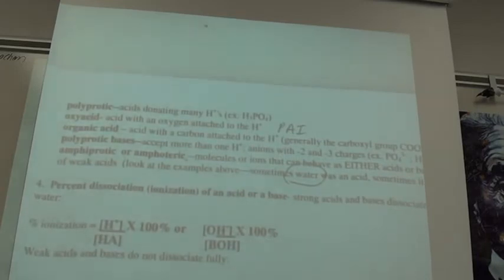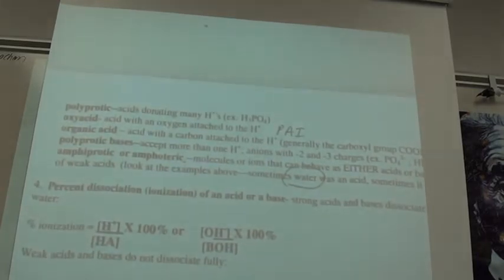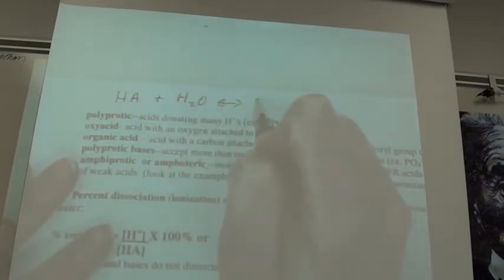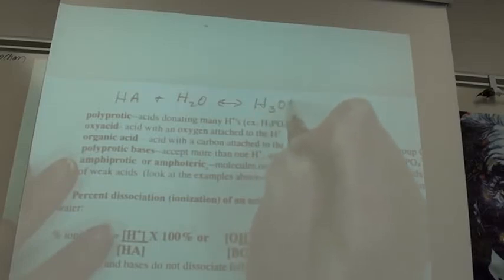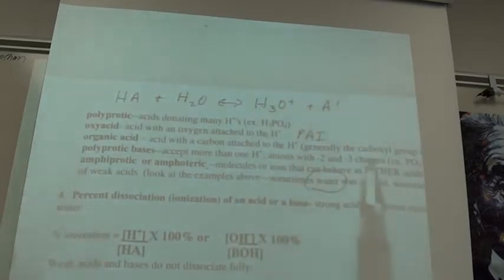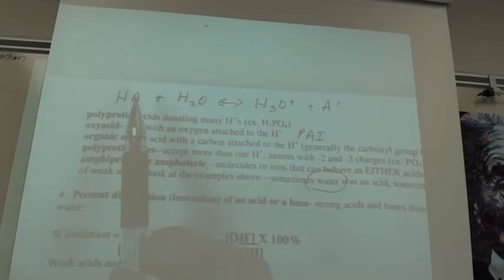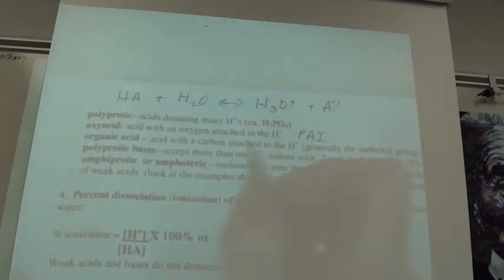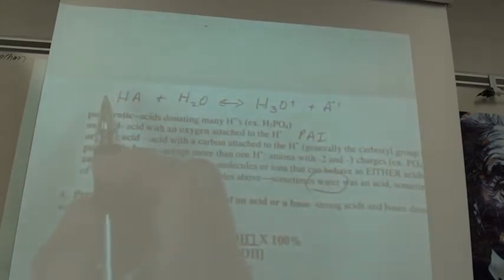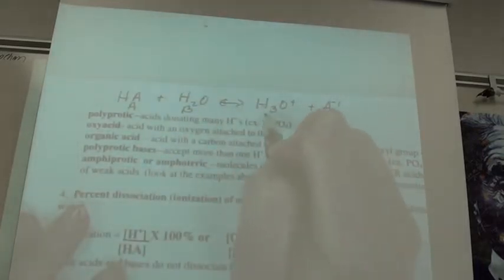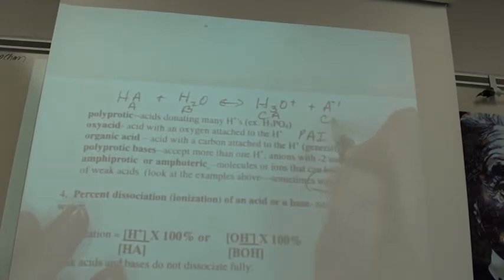All right, I think that I skipped what I wanted to talk about right here. Okay, let's go back to this. All right, what is this? In this Bronsted-Lowry scheme, this is the acid, this is the base, and this is the conjugate.